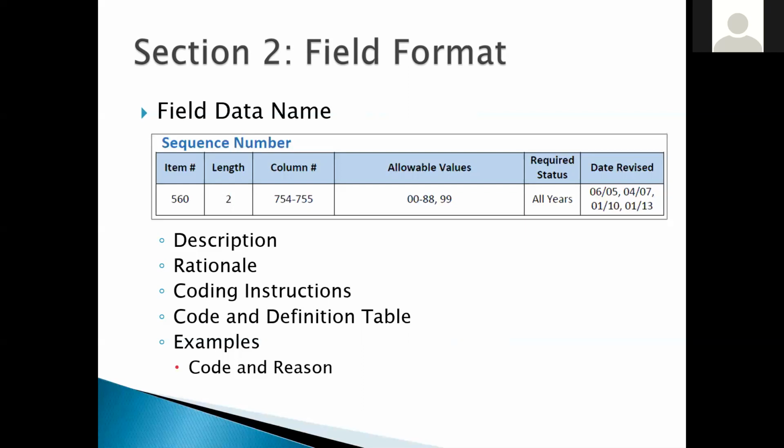Sequence 00 means this patient has only one malignant or in situ primary in their lifetime to date. A 01 would be the first of 2 or more independent malignant or in situ primaries. Then there is a table with the non-malignant primary sequence numbers using the same concept. Then there are examples listed with the code and the reason that field should be assigned that code.